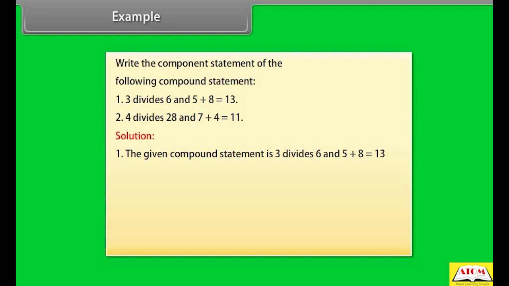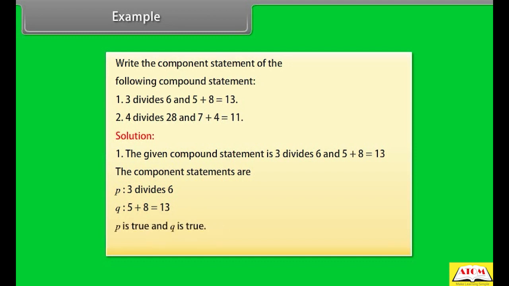The given compound statement is "3 divides 6 and 5 plus 8 is equal to 13". The component statements are P: 3 divides 6. Q: 5 plus 8 is equal to 13. P is true and Q is true. Hence, P and Q is true.